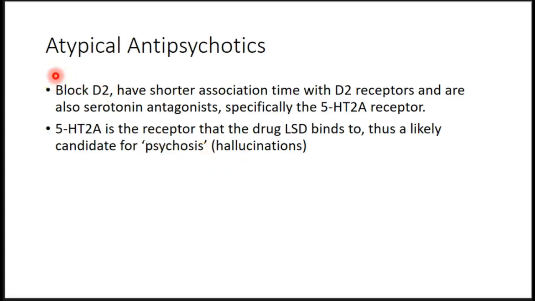Atypical antipsychotics still block the D2 receptor, but they have a shorter association time, so it's going to be a little bit more modulated than our classic antipsychotics. They're also going to be serotonin antagonists, specifically to the 5-HT2A receptor. This is part of why I need you to recognize that 5-HT as our annotation for serotonin.